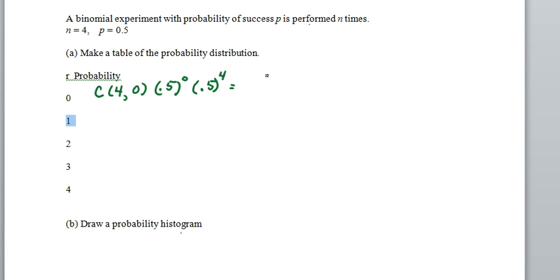So this is going to be 1/2 to the 4th, or 1/16. And 1/16 as a decimal is 0.0625.